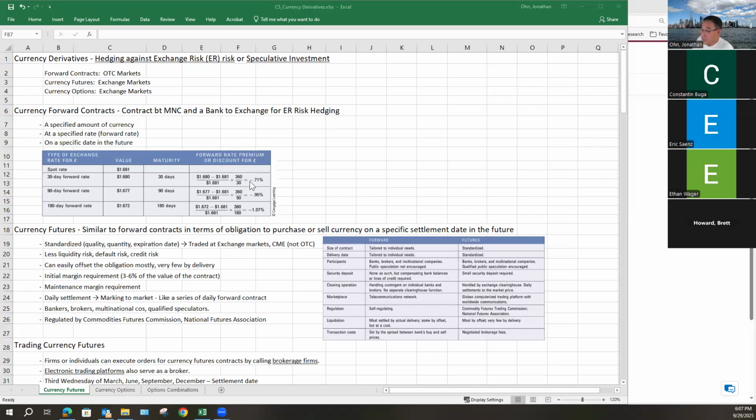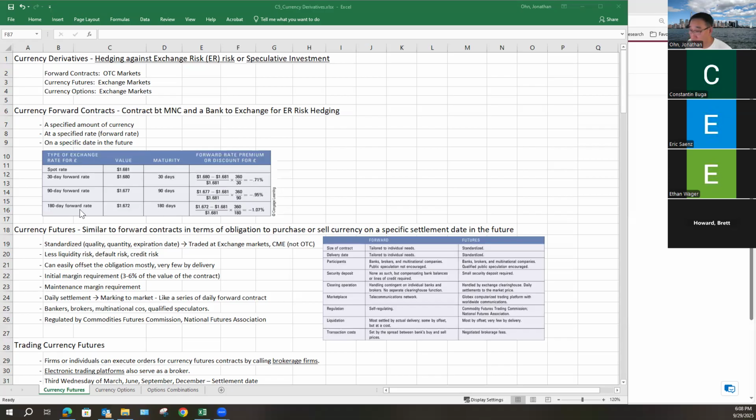If it is minus 0.71, the minus sign means this is a discount, and this is the size of it. So the British pound 30-day forward rate is at a discount of 0.71%.